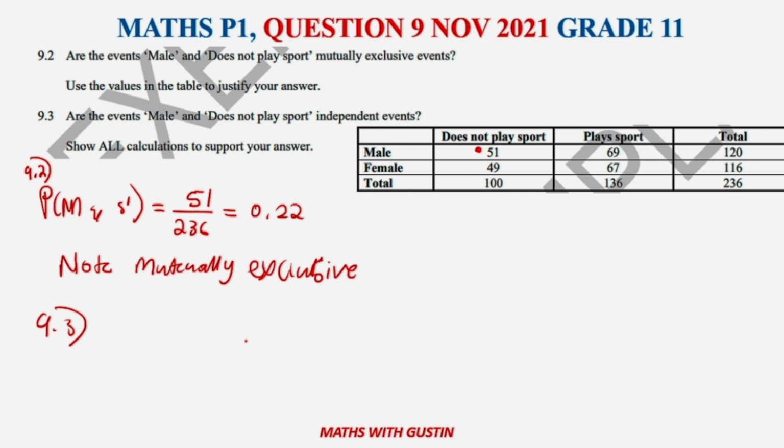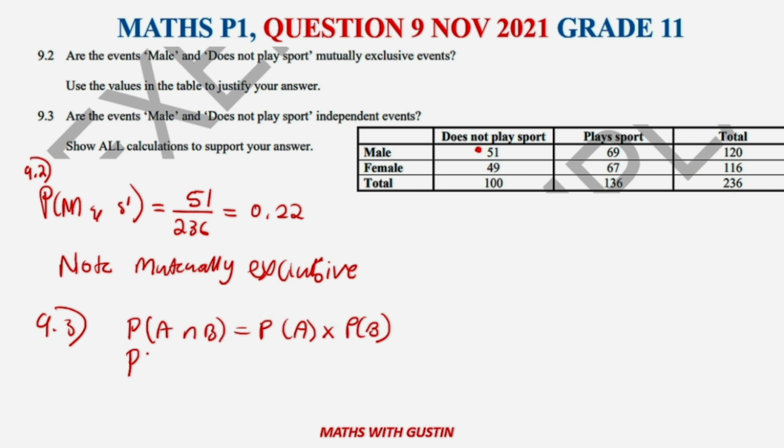9.3 says an event that a male and does not play sports, independent events. We need to show all our calculations. We know that independent events are normally given by the probability of A and B should be equal to the probability of A multiplied by the probability of B. So therefore, if the left hand side is equal to the right hand side, the events should therefore be independent.